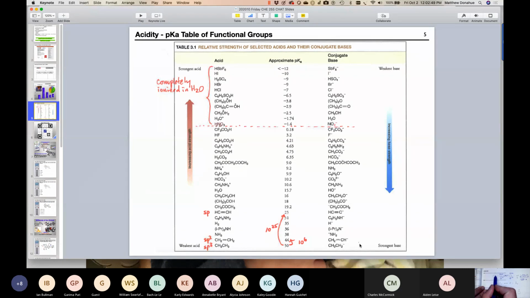This is fairly acidic. This carbon wants that hydrogen. It abstracts it. We generate a really weak acid with a pKa of 50 and a better stabilized base. So that's how you figure out these sort of problems. Identify the acid on each side, what functional group it's part of, what the pKa is, and then you're looking at the difference. Again, the larger this number, the weaker the acid.